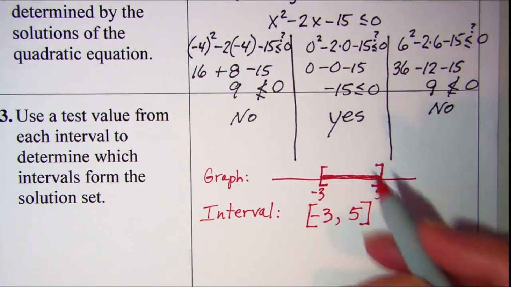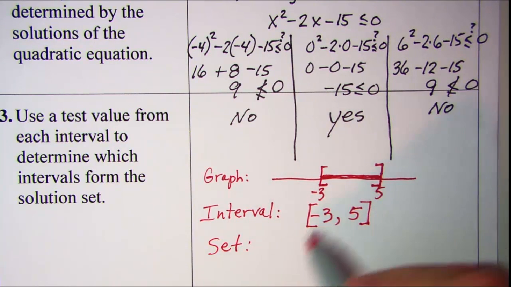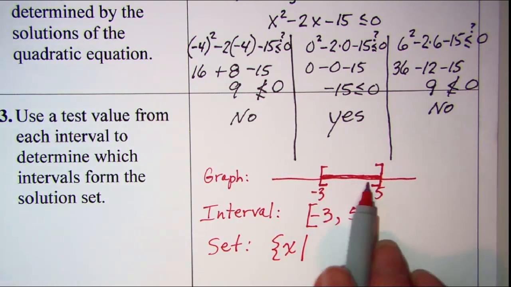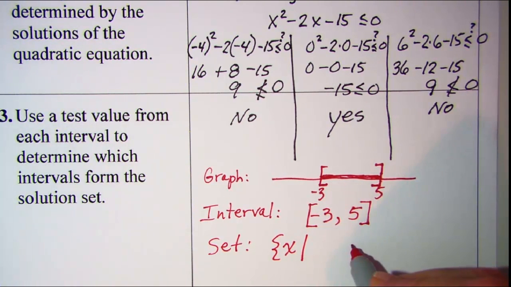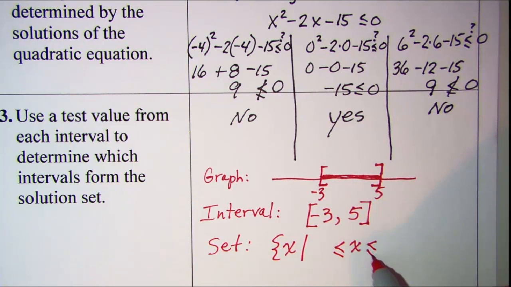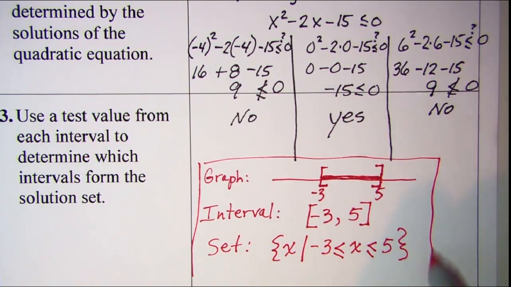And then if I were asked to give the set notation, I want the set of all x's such that x is between these two numbers. So you show that with a 3-part inequality, and I do include those boundaries, so I need the lines under the less than symbol. Negative 3 is my left boundary, and 5 is my right boundary. So these are the different ways to show this solution set.